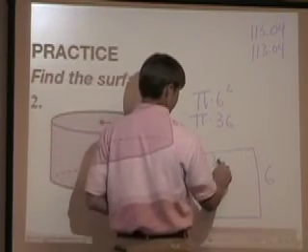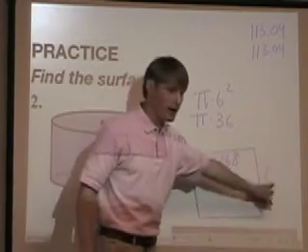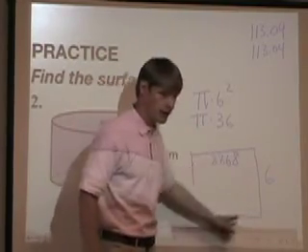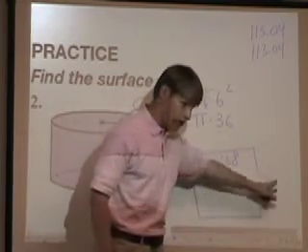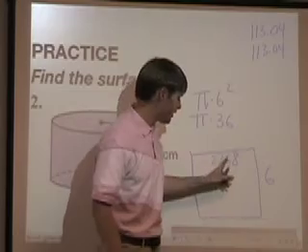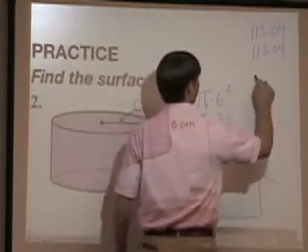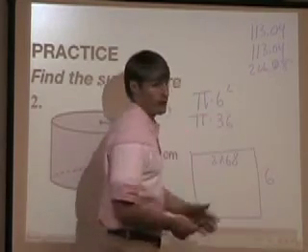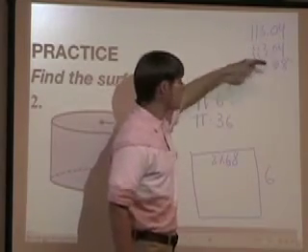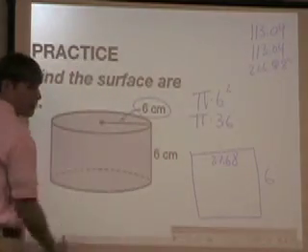37.68. Now, this means that you know the length and width of the rectangle. You just multiply. What is 37.68 times 6? 226.08. So now we have circle, circle, cylinder. You add them all up and it gives you the surface area of the whole thing.